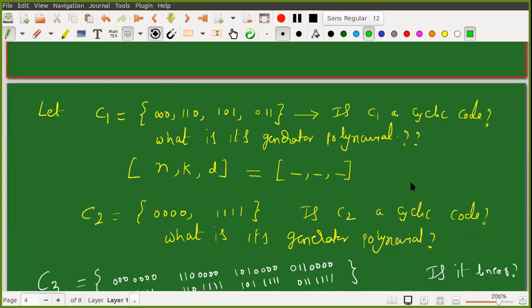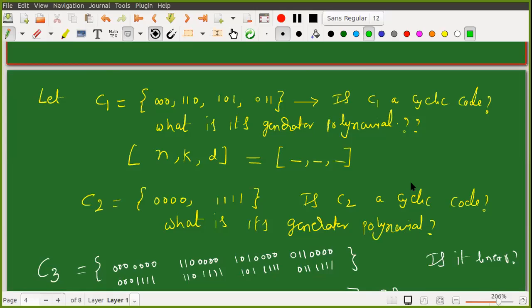Now somebody can give me the answer here. I already told you once, but what are the n, k, d values? 3, 2, 2. Good. So n equal to 3 is the length of the code, and 2 is the dimension.